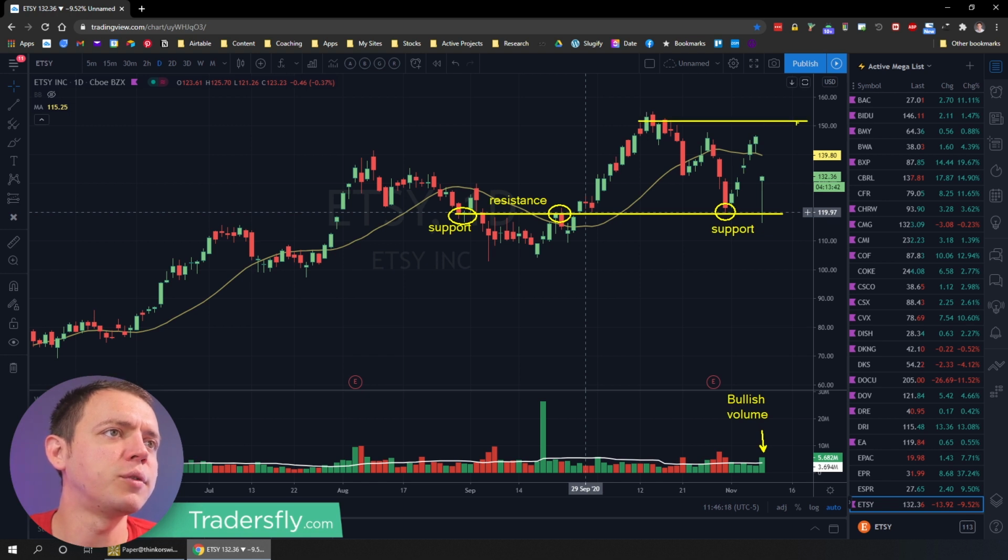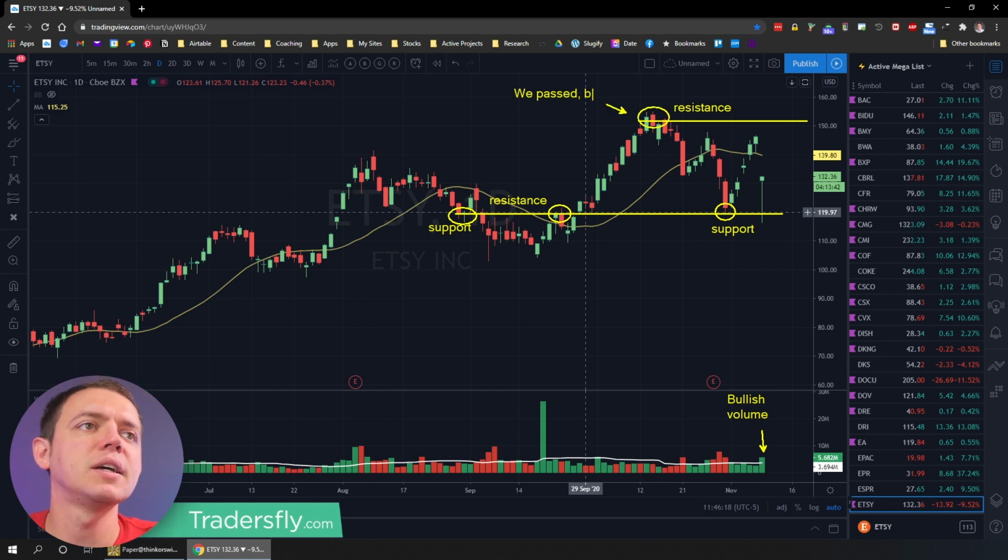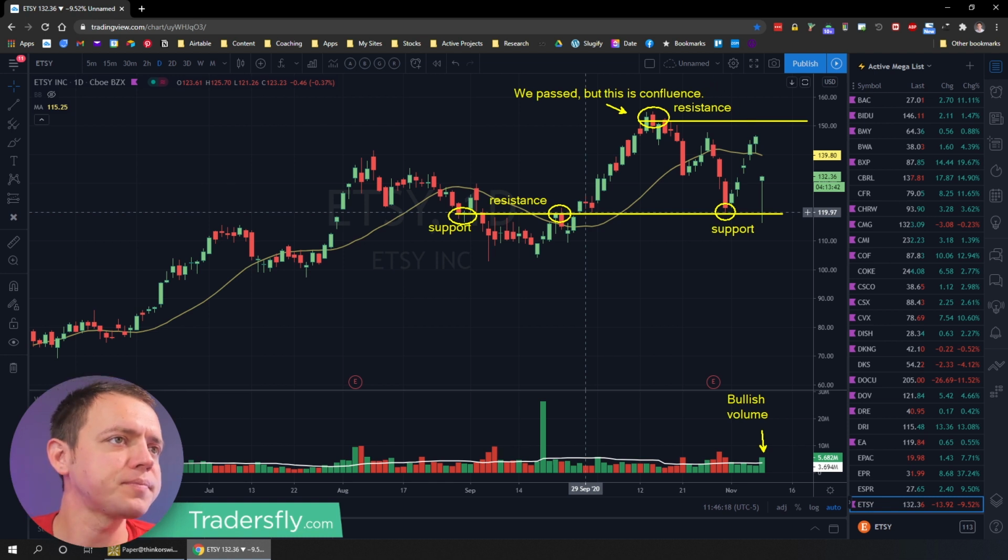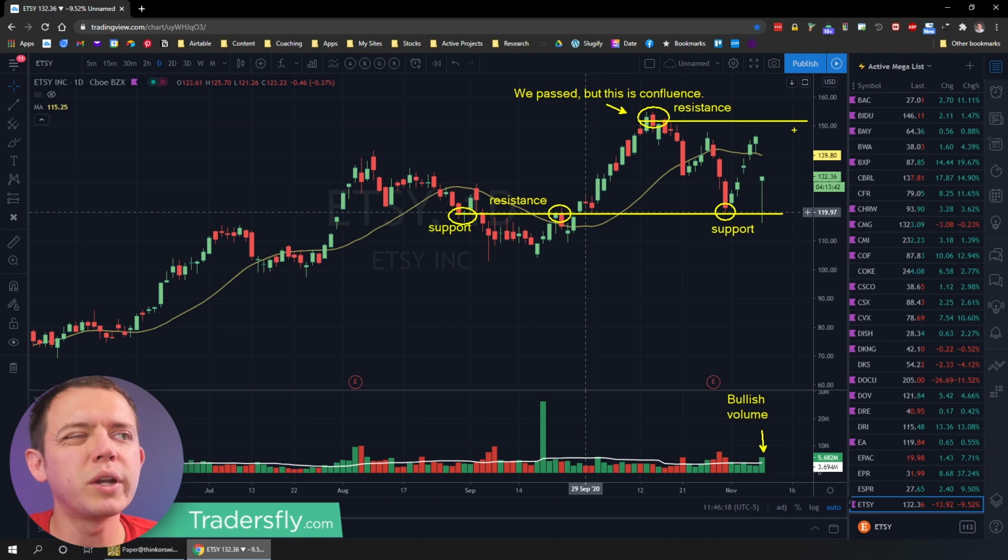You do have some overhead resistance at around 150. Yes, we did pass 150 a little bit ago. We passed, but this is confluence. So just understand that's just kind of a meeting point. Really, it's around 150, so it's kind of that range. So if we go, we're kind of at the lower end right now. If we keep going, we got about 20 points from there.